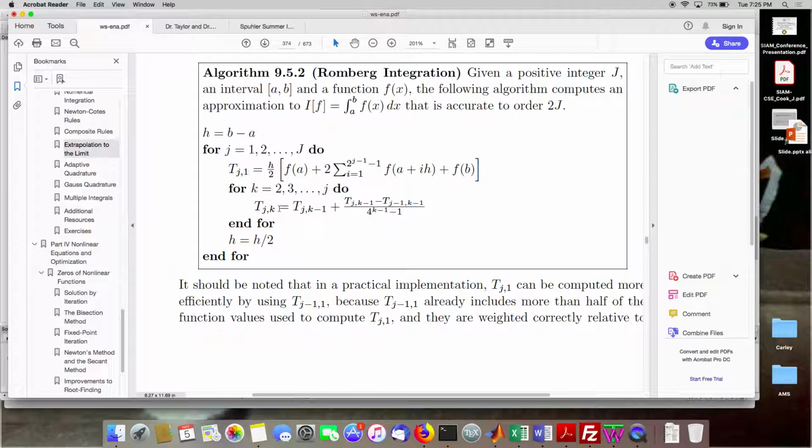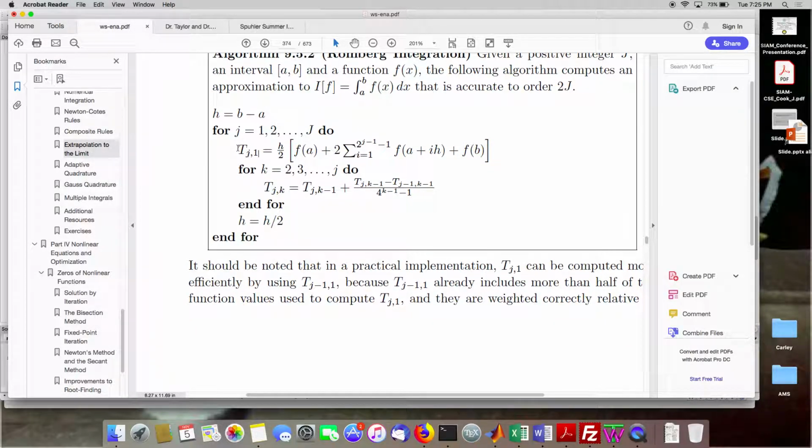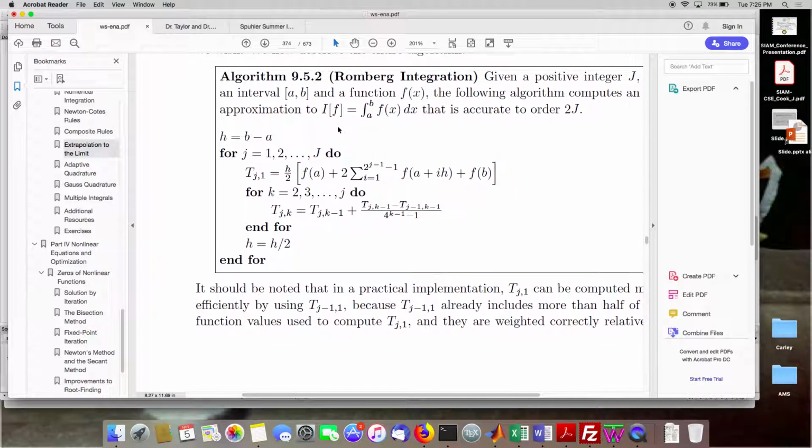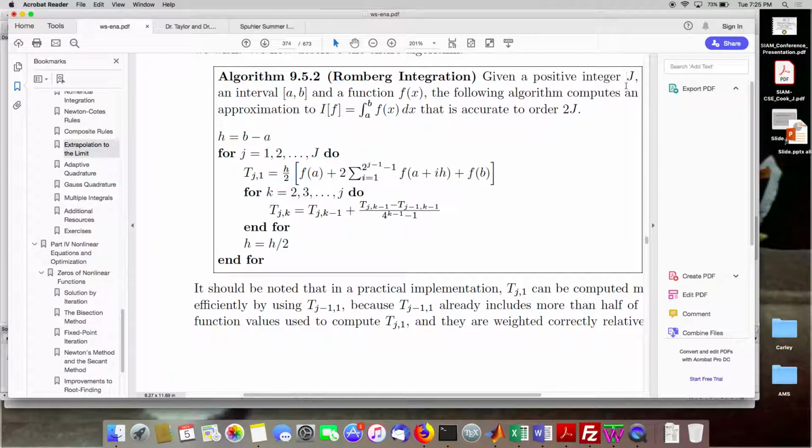Actually, given my notation here, it would be lower triangular. What's happening here is I decide how many rounds of extrapolation I want to do. That's capital J. Because the trapezoidal rule has even order error terms, my approximation will have order 2J when I'm done.